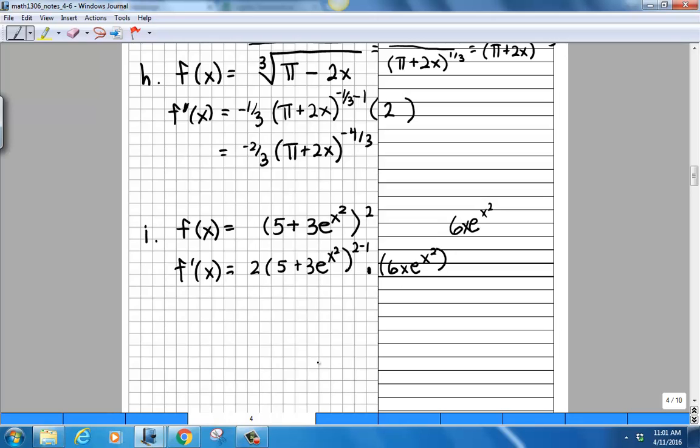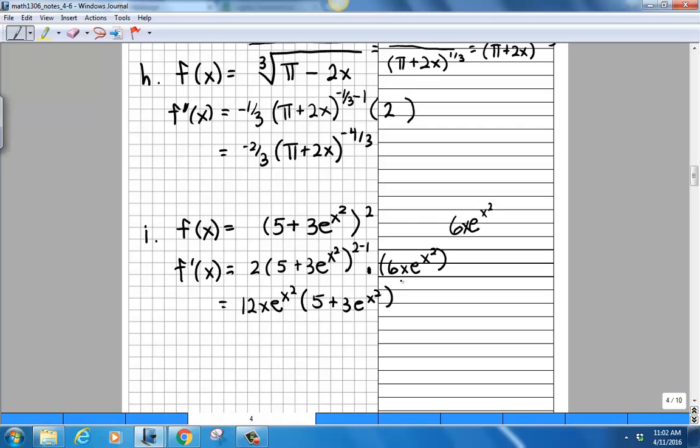So you end up here with, let's multiply this 6x e to the x squared times this 2. That would be 12x e to the x squared, and then what's inside the parentheses, which is 5 plus 3e to the x squared, all raised to the first power, so I don't even have to write down that exponent anymore.